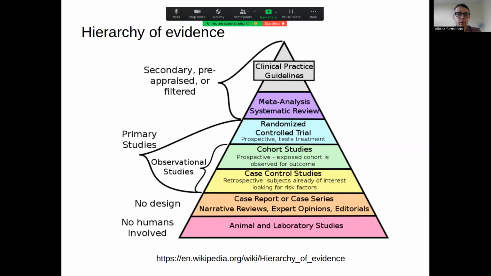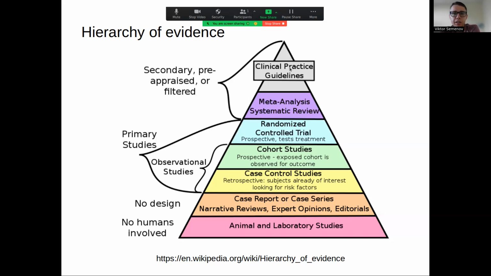So when the hypothesis is there, we can conduct some analytical, descriptive or experimental studies. After that, when some number of studies has been conducted, the results of the studies can be systematized using meta-analysis or systematic reviews, and in turn this whole body of evidence will be analyzed and taken into account during the formation of clinical practice guidelines.